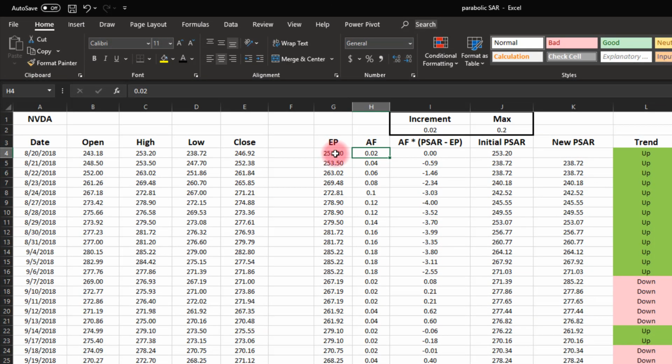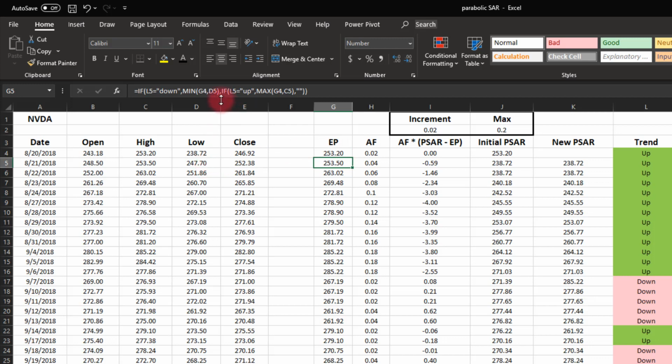But now, once we go into day 2 down here, let's click in that cell, and you can see the formulas start to get a little complicated. So what we're doing to figure out the extreme point is we're saying that if L5, that's my trend over here, is down, I want to take the smallest value of either G4, that was the previous extreme point, or D5, which is today's low.